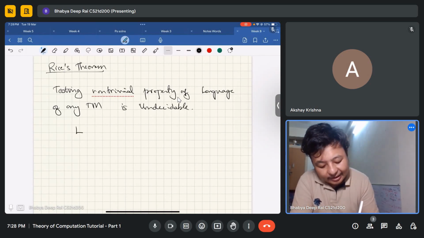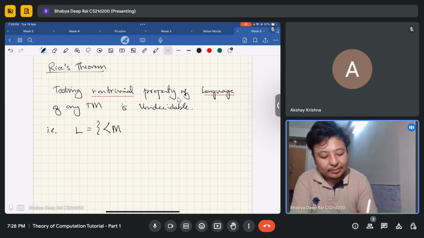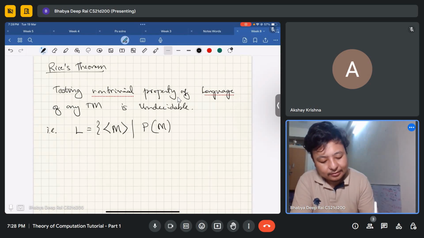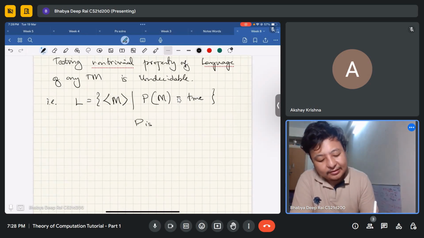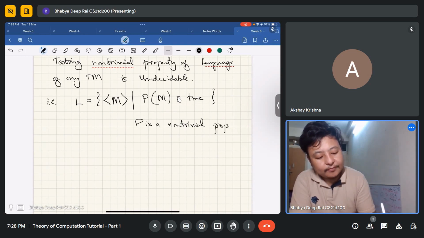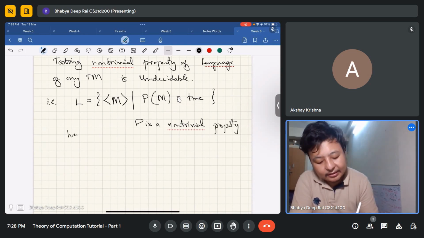That means if L is of this form, given a machine, checking a certain property P is true or not, and P is a non-trivial property, then L is undecidable.